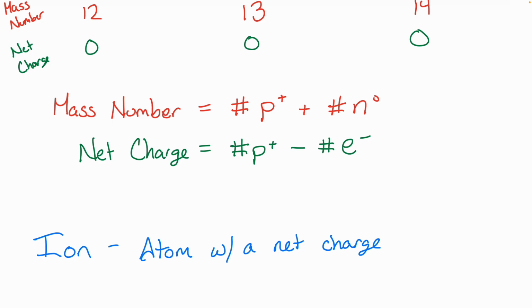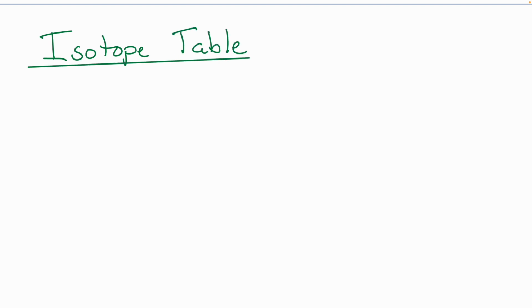Cool. All right, we're going to summarize all this in what we're going to call an isotope table. So we're going to make a table.